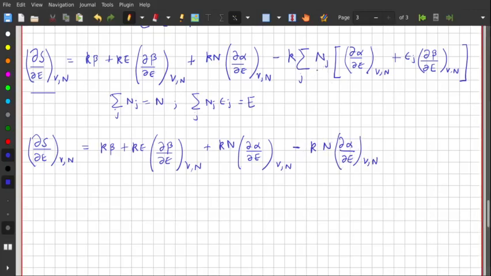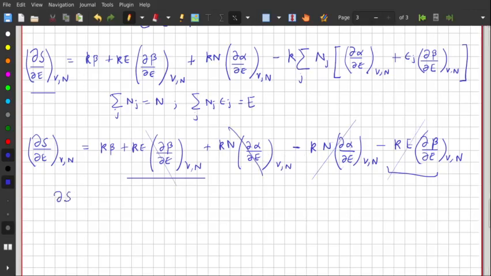The second term is sum over Nj epsilon j, sum over j, that is E. So this becomes minus k E partial beta partial E at V, N. And this term cancels this term, and similarly this term gets cancelled by this term. So what we are left with is partial S partial E at constant V and N is k times beta.